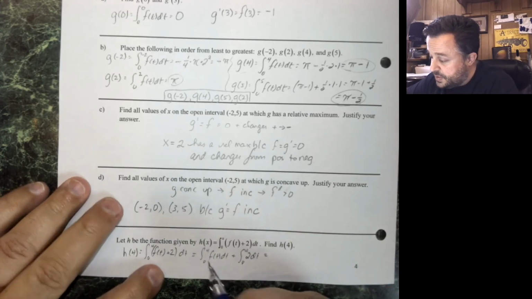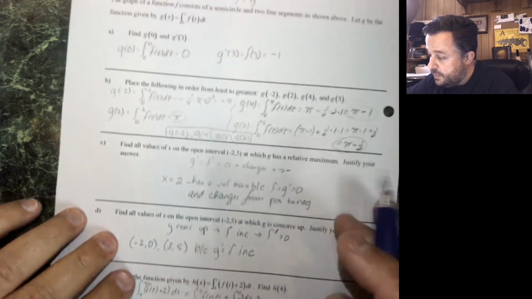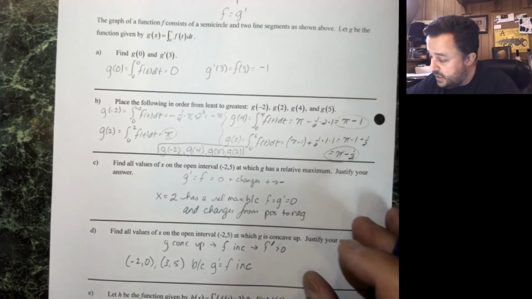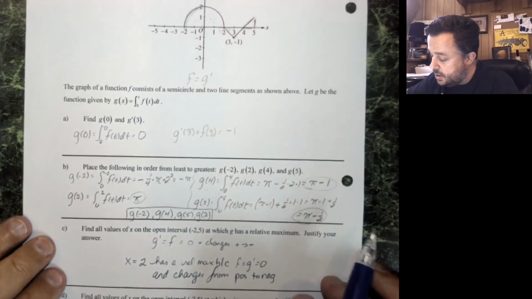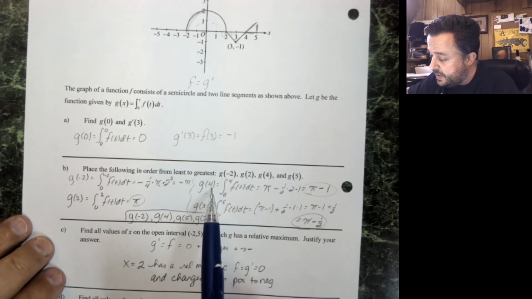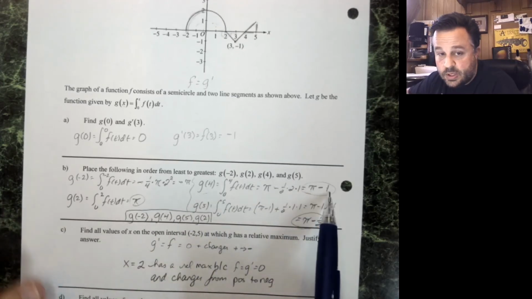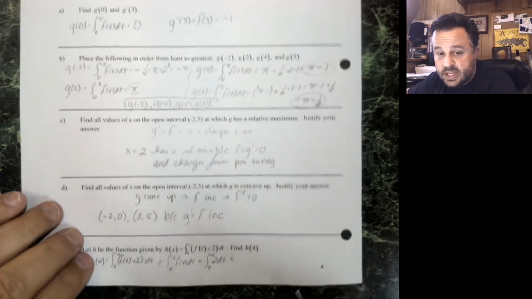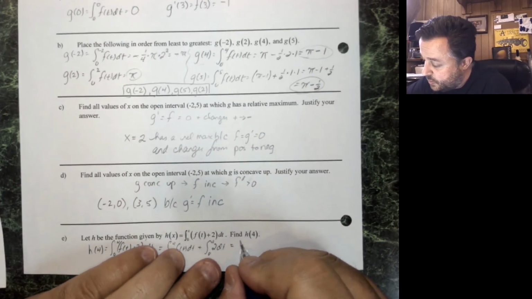So the integral from 0 to 4, if we come back up here, we already figured that out to be pi minus 1. So we can take that value of pi minus 1.